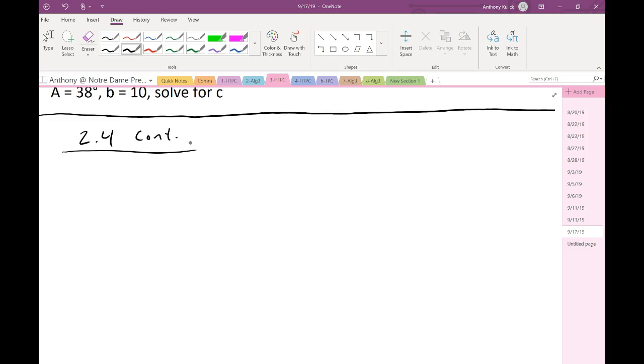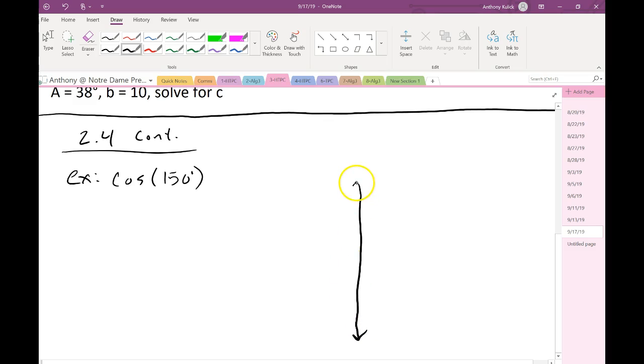We're going to continue on that same discussion, but before we go forward, we're going to do an example of finding, say, cosine of 150 degrees. So I'm going to start by drawing my 150 degree angle.